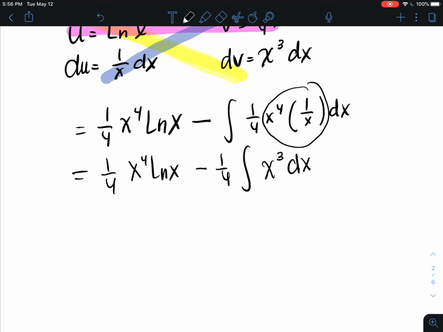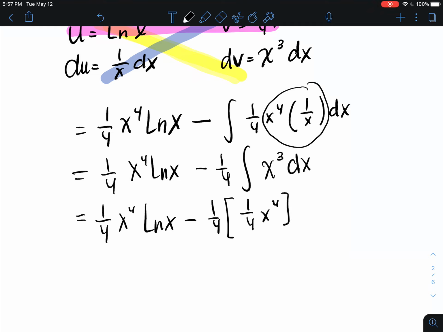Now let's do the integral. We have 1/4 x to the 4th ln of x minus 1/4 times the integral of x cubed, which is 1/4 x to the 4th, and then plus c.